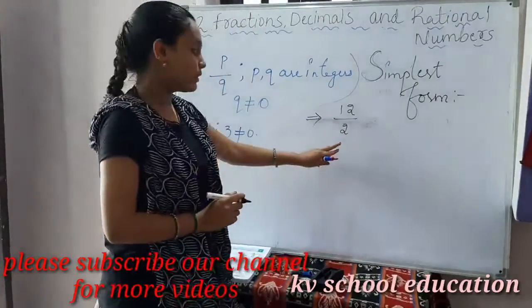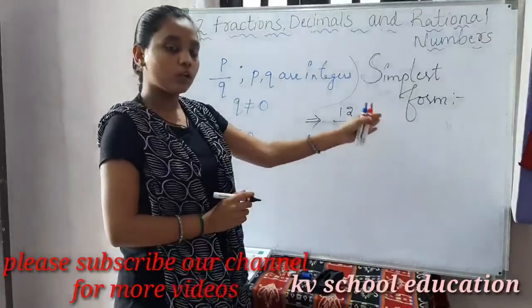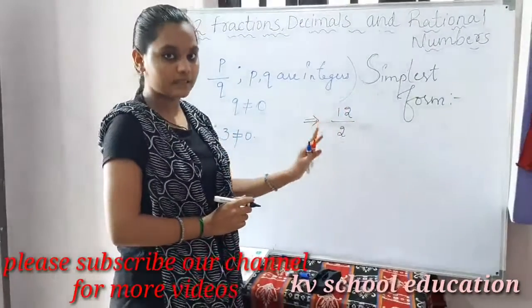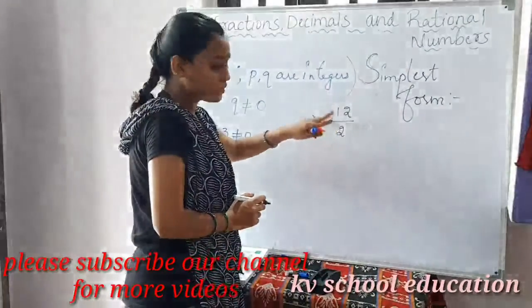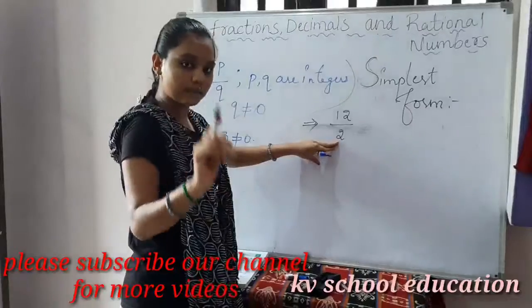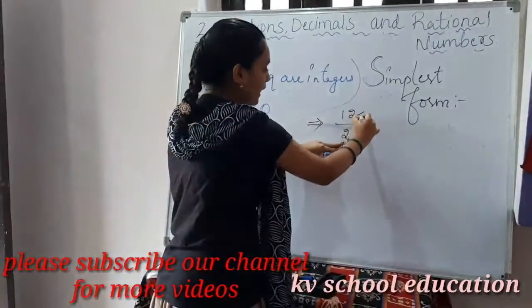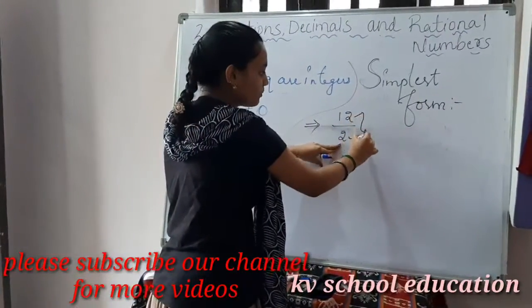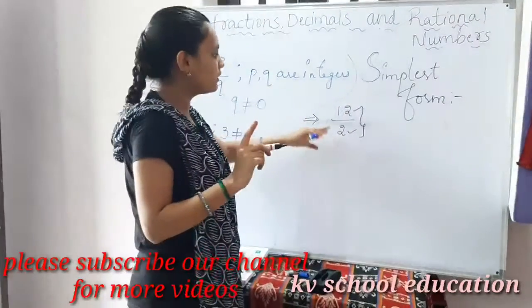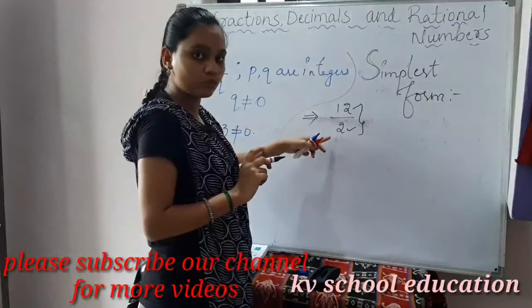Simplest form is nothing but we should reduce the fraction to the end; it means it doesn't cancel further. So we should cancel the numbers using the same table. So 12 and 2, both numbers should be in only one table. We should check in which table 12 as well as 2 will come.